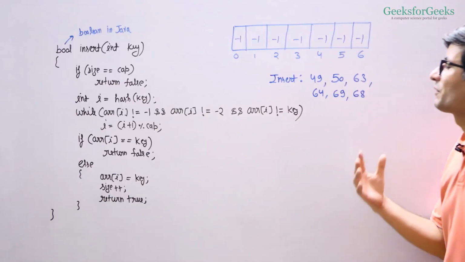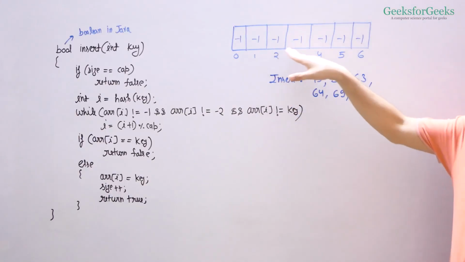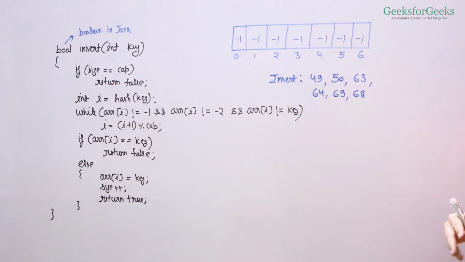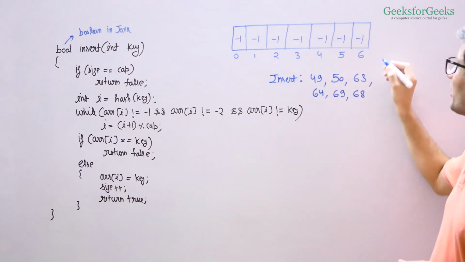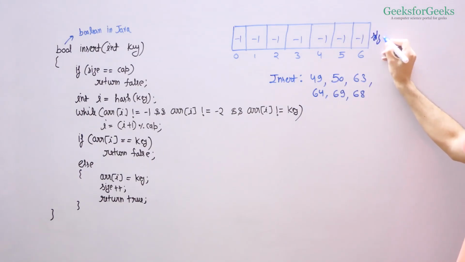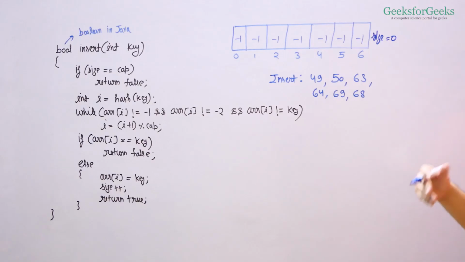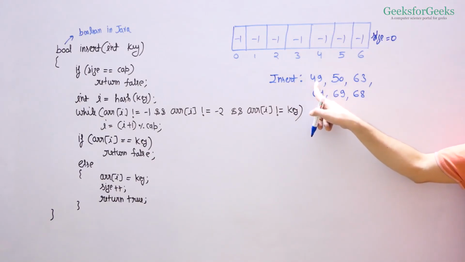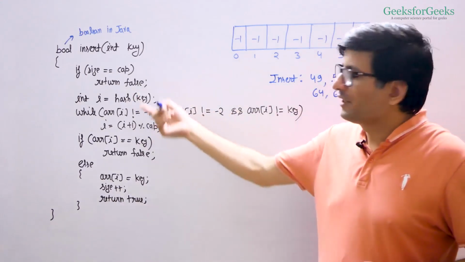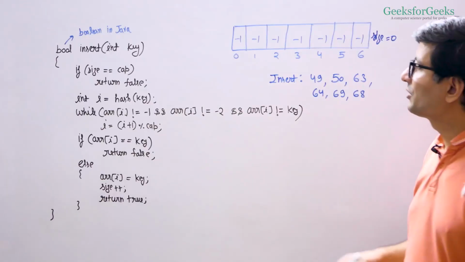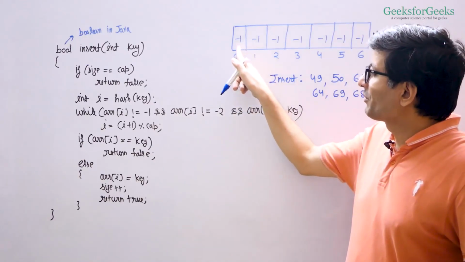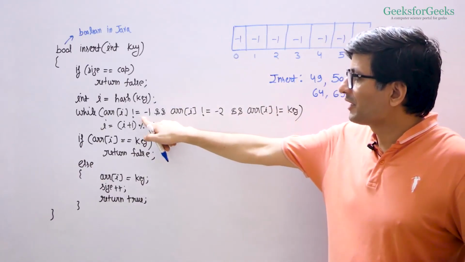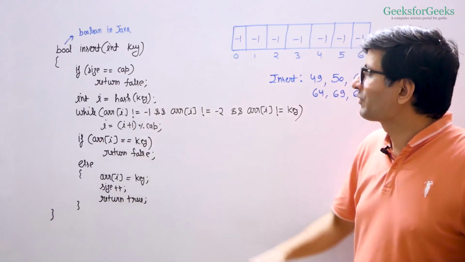Let's see how this works for this example. Initially our hash table is empty. We try to insert 49. Our size must be 0 initially, because it was empty. That is how we initialize it in the constructor. So when we insert 49, we compute the hash function as 0. We begin our loop from this location, and it is -1, so we immediately come out of the loop.